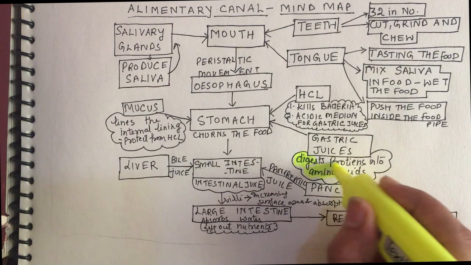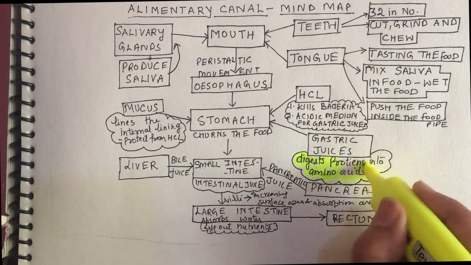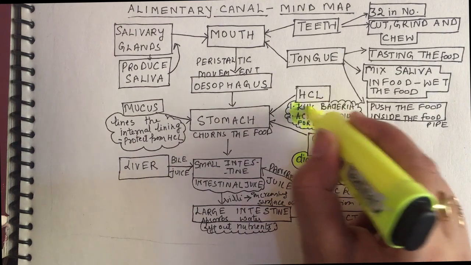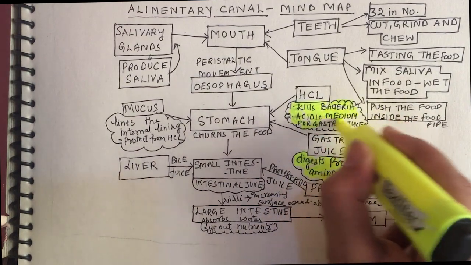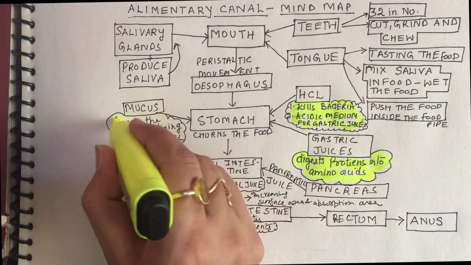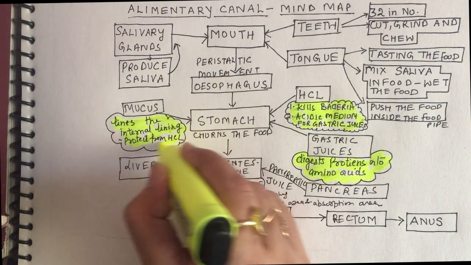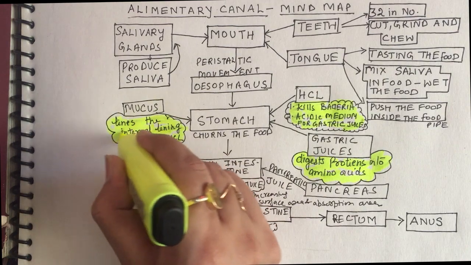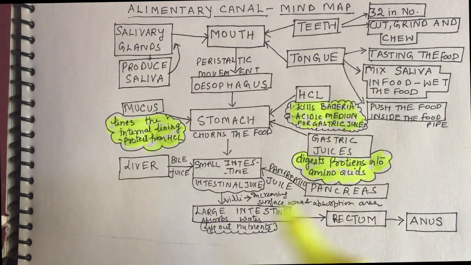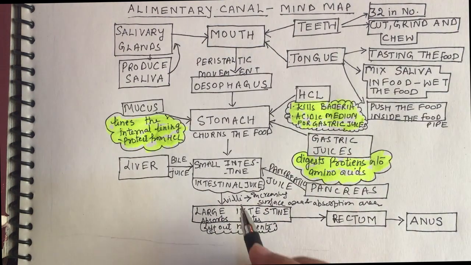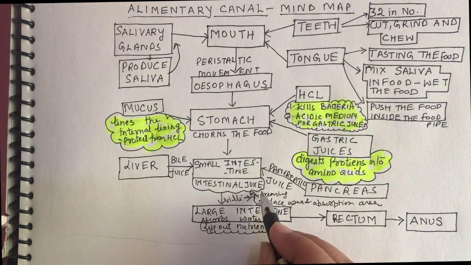Wherever I have put the characteristics, I will highlight them so that it will be easier for you to remember, like this. You can do that. Okay, now here one more thing we will do.